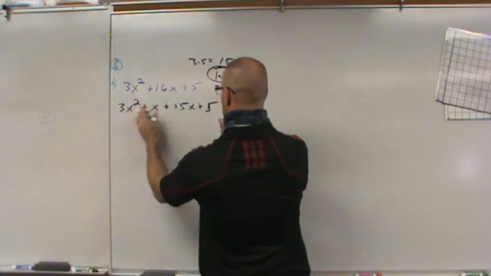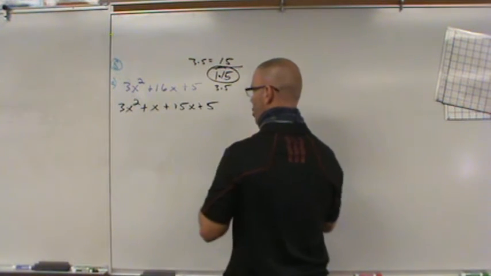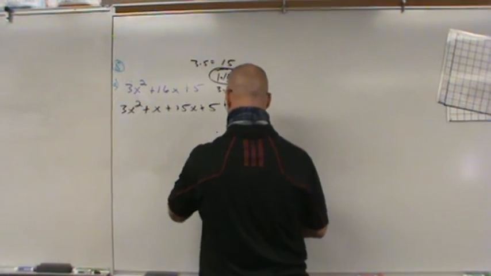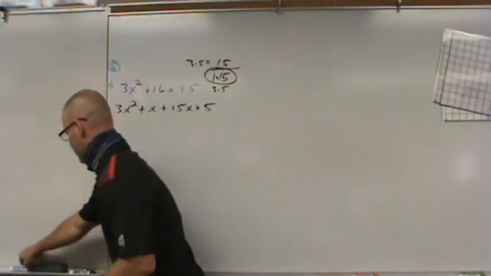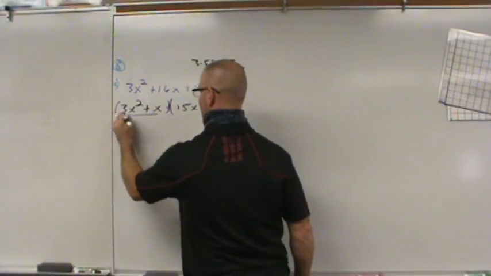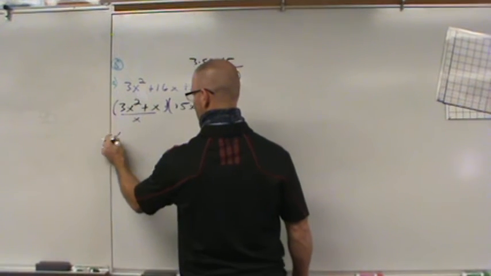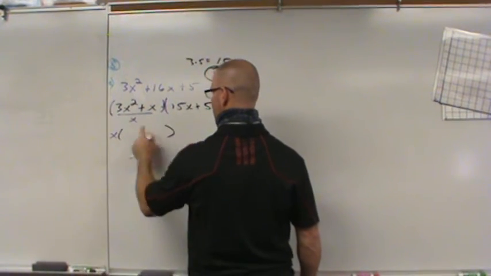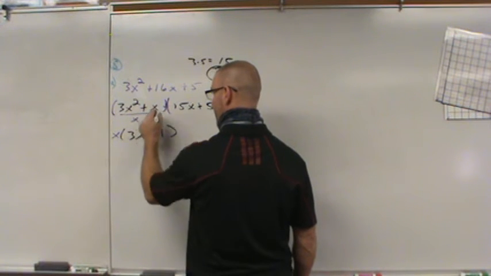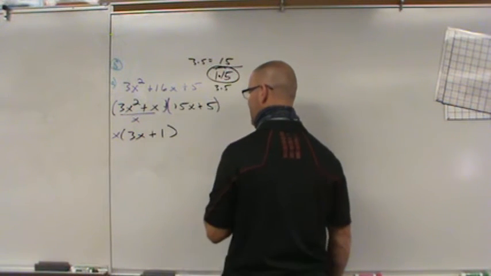Use these factors to expand your problem. Group. And take out that GCF. Over here, my greatest common factor is x. So I'm left with 3x. x divided by x is 1, right? Any number over itself is 1, not x.